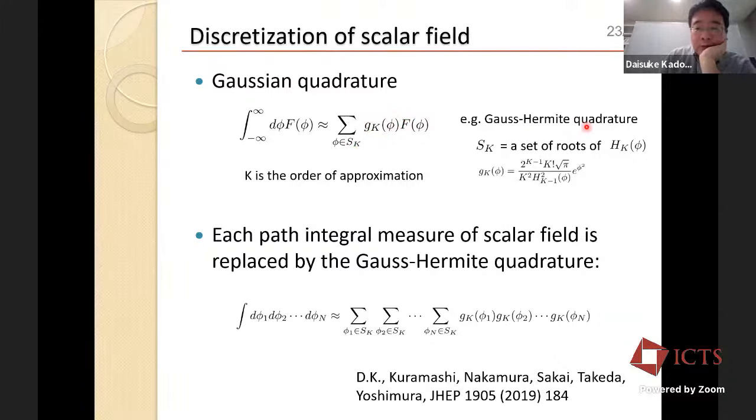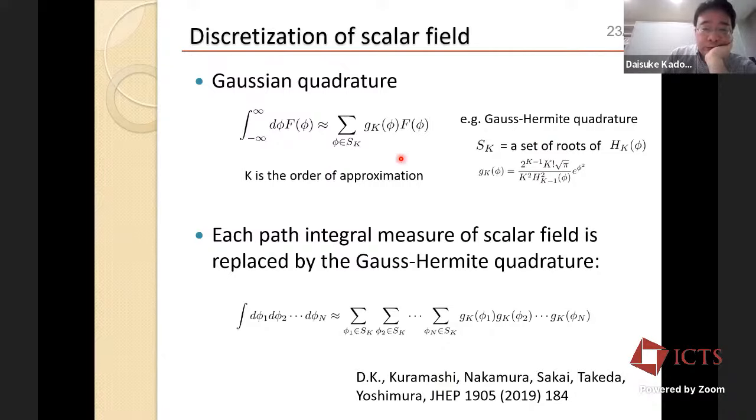In the case of Gauss-Hermite quadrature, the discretized points are the zero points of the k-th Hermite polynomial, and the weight function g_k is given by this. And k is the order of approximation. The efficiency of this approximation depends on the functional form of f. If f is an exponentially damping function for large phi, the Gauss-Hermite quadrature effectively works.